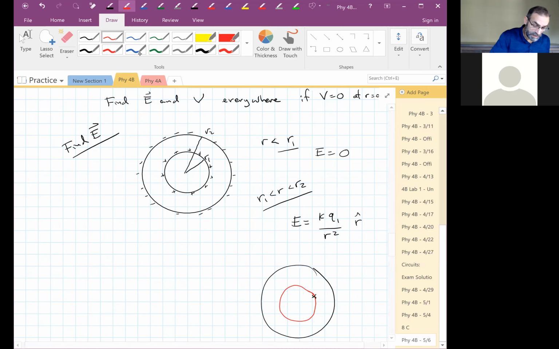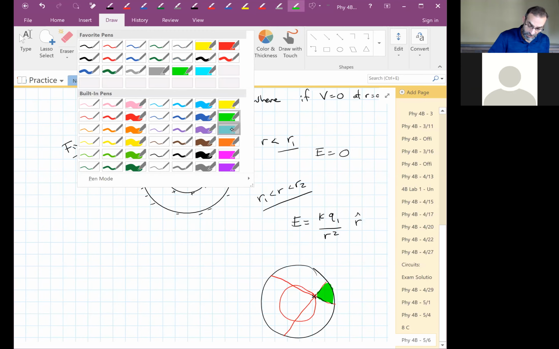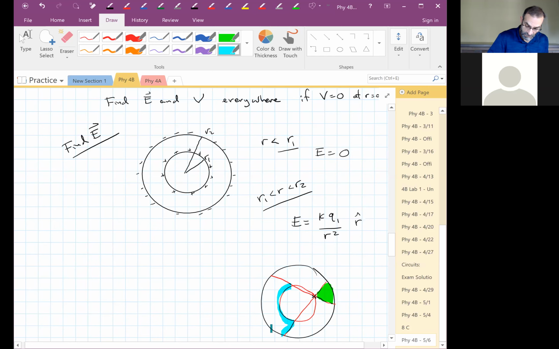If you draw any two lines through that point, you could say that this charge over here contributes a lot to the electric field at our point of interest, because it's really close, but there's not very much charge there. And then you could say, well, this charge over here is far away, but there's a lot of it. And if you do the calculus, those two exactly cancel out.